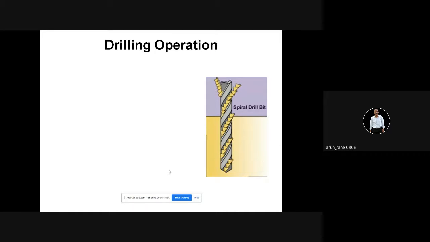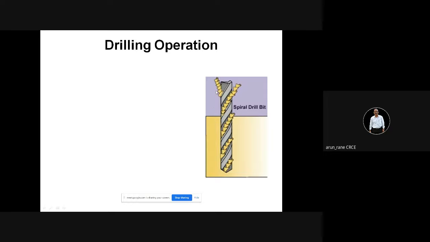This is the drill, and these are the flutes which are very useful for removing the chips through the flutes. Because if the chips get blocked and are not able to come out, then it will develop a tremendous chipping force, and your drill will break.